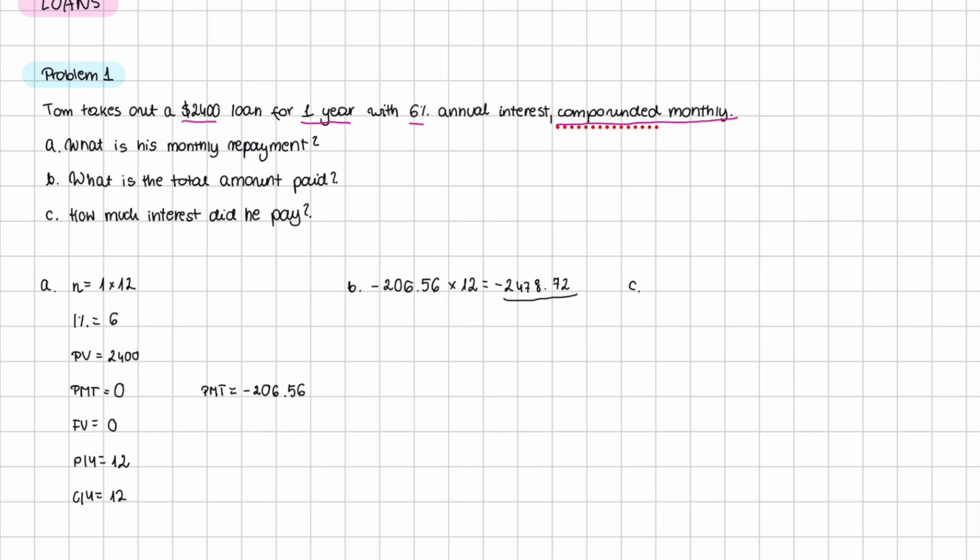So minus stays for it, but now we can write it like this, that our amount of repayment minus our loan, and it is simply 78.72, and our units, so use dollars.